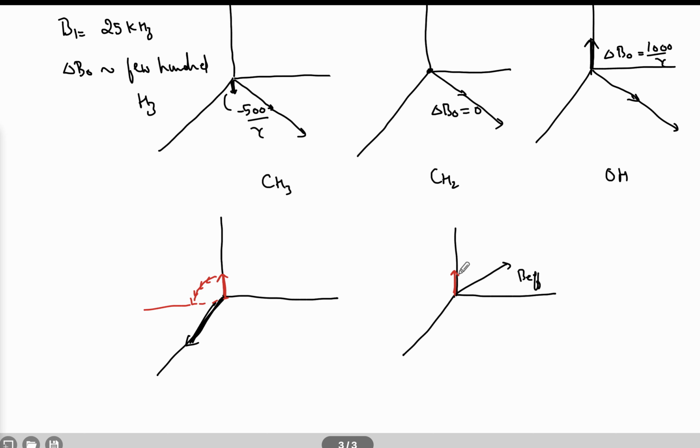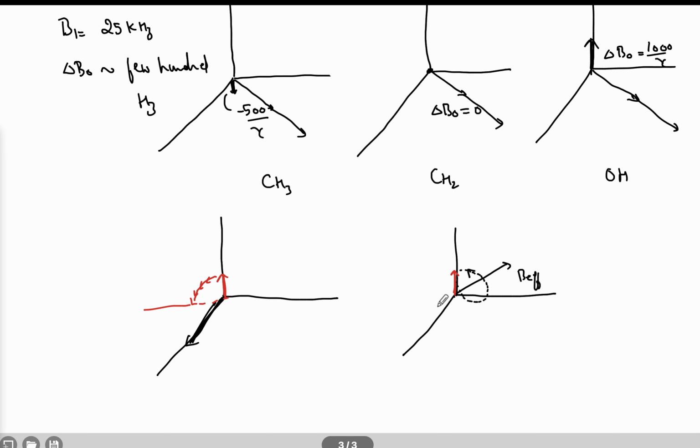It will start to precess about this B effective, and it will not actually go completely to the minus y axis, and thus there will be a signal loss. So having B effective along a transverse axis, x or y, is really important. That's why you want to minimize the delta B naught and the offset, so that your B effective is along the x or y axis, and you get maximum signal.